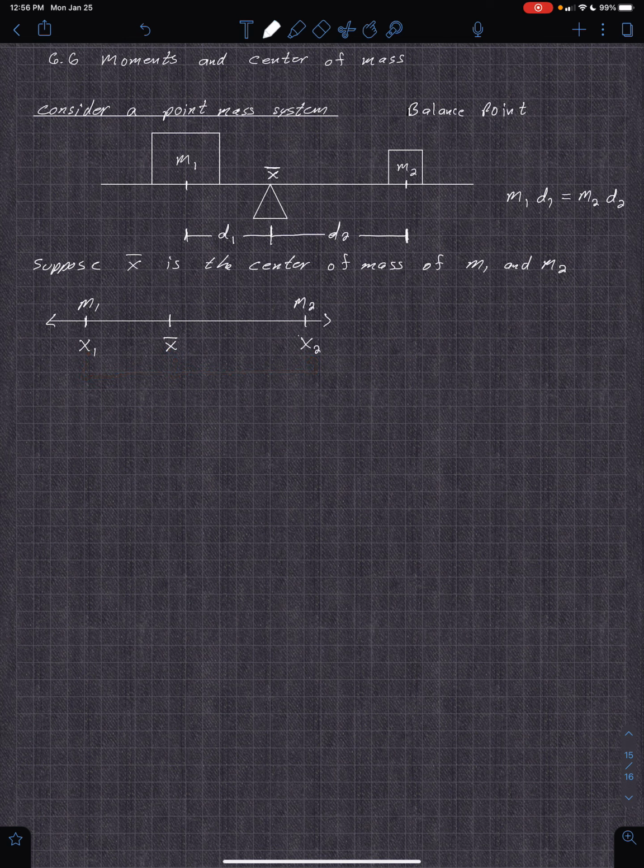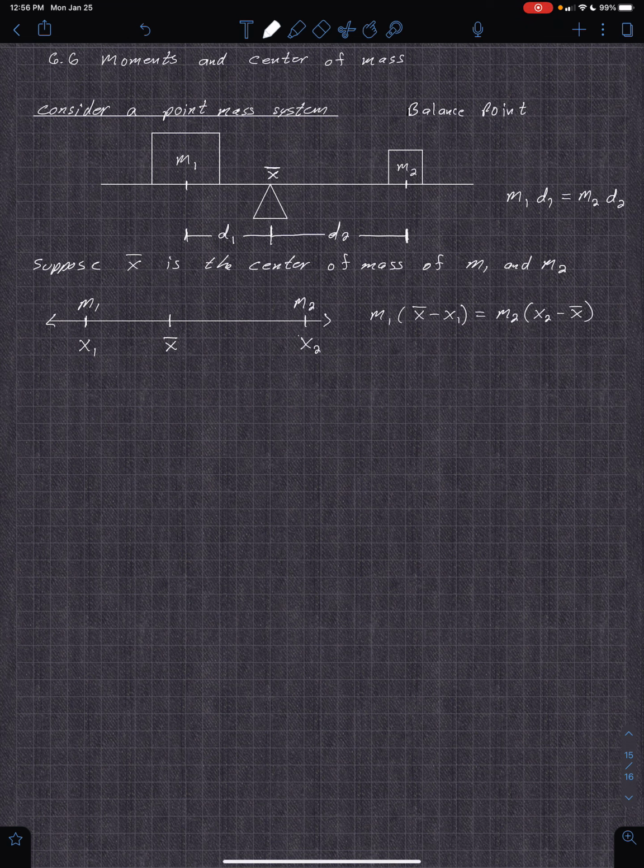So we can solve for x bar by setting up that equality. So m1 times the distance, which is x bar minus x1, is equal to m2 times that distance, which is x2 minus x bar.